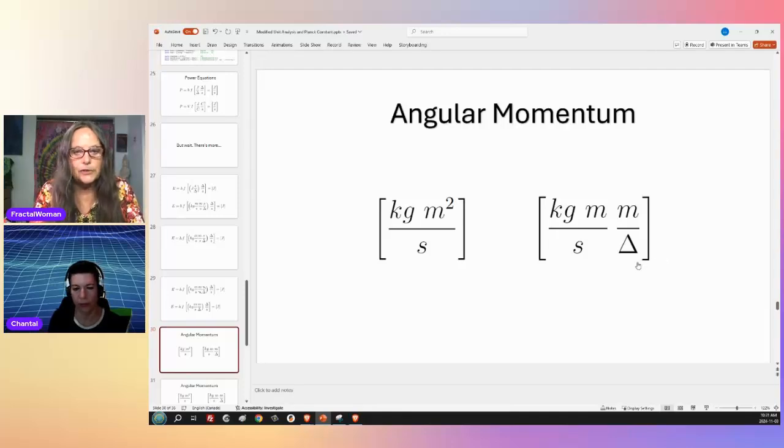So that's how we get to angular momentum. I literally put the angle back into the units. These units always used to bother me. How can these be the units of angular momentum when there's no angle in the units? Things bother me, and that bothered me. And when I went through and did a modified unit analysis, this fell out, and I said, okay, now I get it.